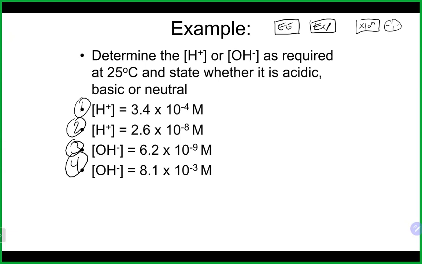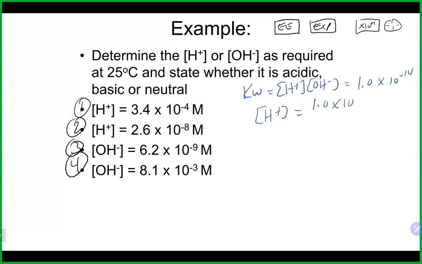Okay, so let's take a look. In this case, whenever you're given the H plus or the H3O plus, which again is the same thing, or OH minus, you definitely want to think about Kw. And for our purposes here, it is always a constant value of 1 times 10 to the minus 14. And the good news, like I said before, is it's really the same calculation regardless of which one you're calculating.